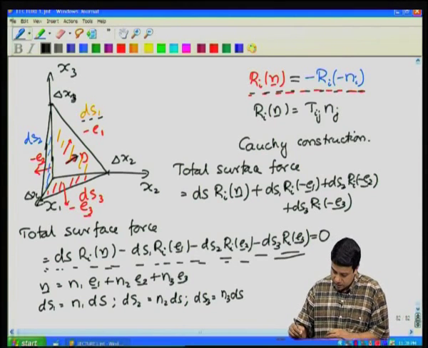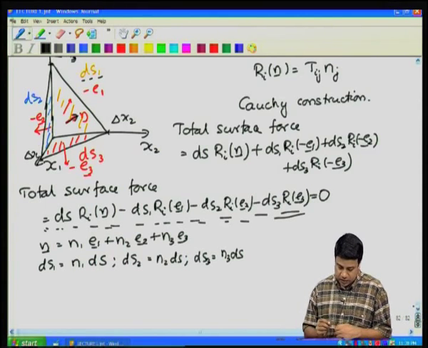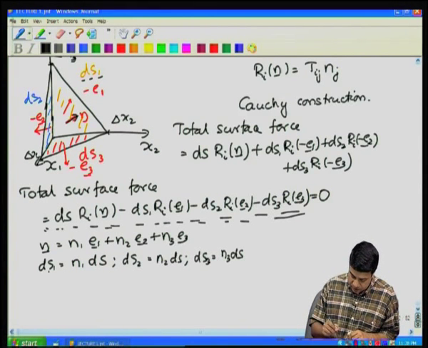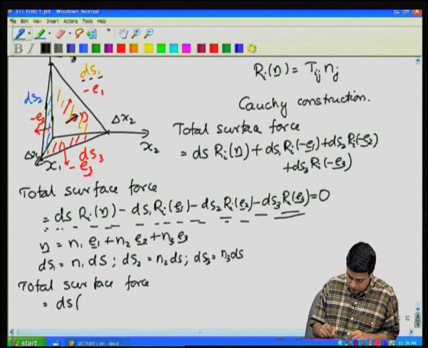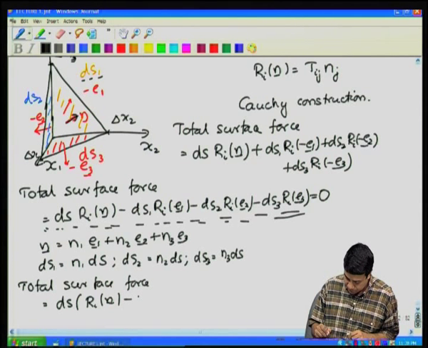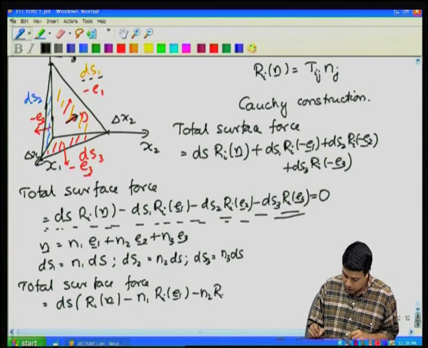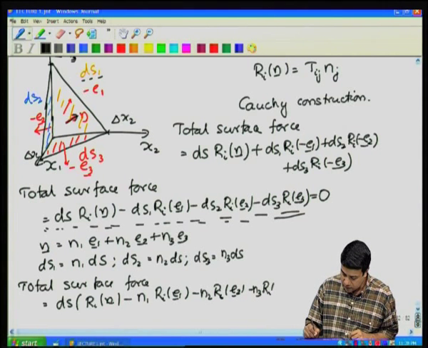So, I can use this to simplify, and I will write this entire expression as total surface force is equal to ds into Ri of n minus n1 Ri of E1 minus n2 Ri of E2 minus n3 Ri of E3 is equal to 0.